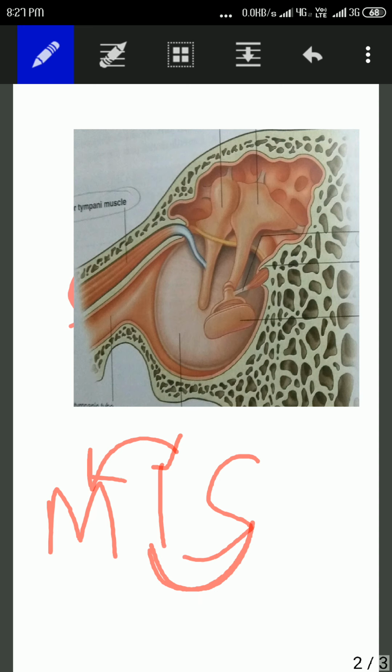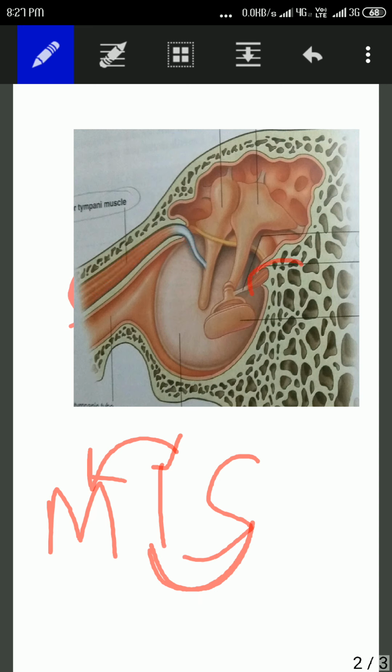Then I told you that we have 2 muscles. One is the tensor tympani muscle and another is the stapedius muscle. It is important to note the nerve supply of these 2 muscles. The tensor tympani muscle, which I am marking here, is supplied by our mandibular nerve, which is the 3rd branch of our trigeminal nerve.